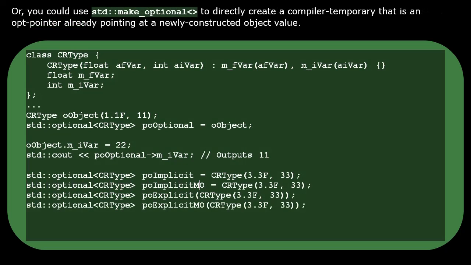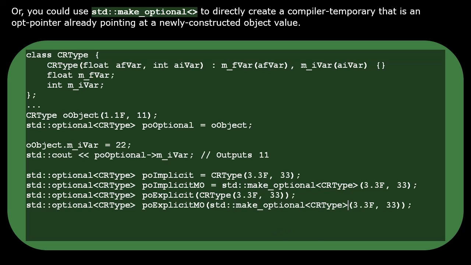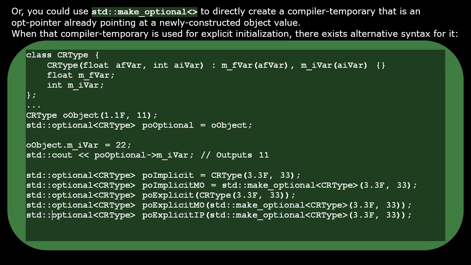Or you could use make optional to directly create a compiler temporary with its opt pointer already pointing at a newly constructed object value. When that compiler temporary is used for explicit initialization, there exists an alternative syntax you could use.